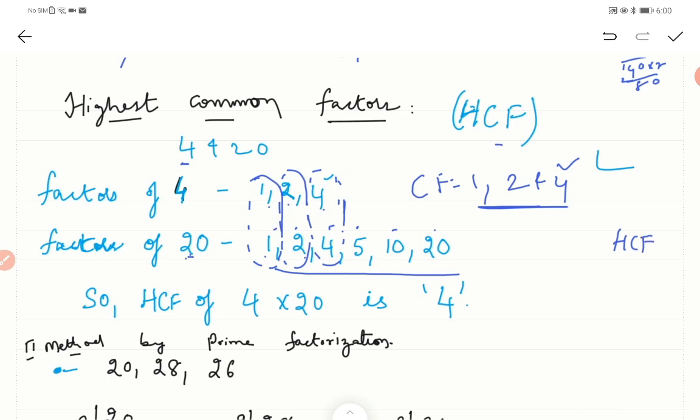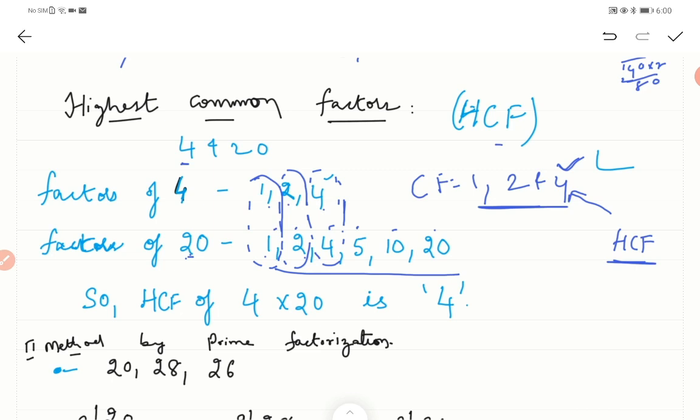If they ask you to find the HCF of two given numbers, then you will get the factors, check the common factors between them, and then take the highest common factor, that is 4 in this example, which in short form you call HCF.